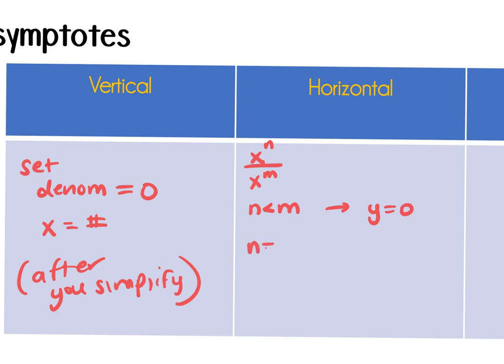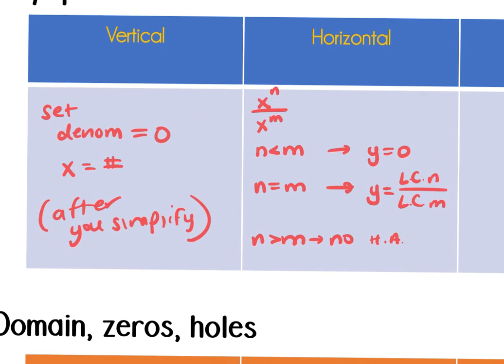If n is equal to m, then your horizontal asymptote is y equals the leading coefficient of your numerator over the leading coefficient of your denominator. And if n is greater than m, there is no horizontal asymptote. And we also do this after we simplify.